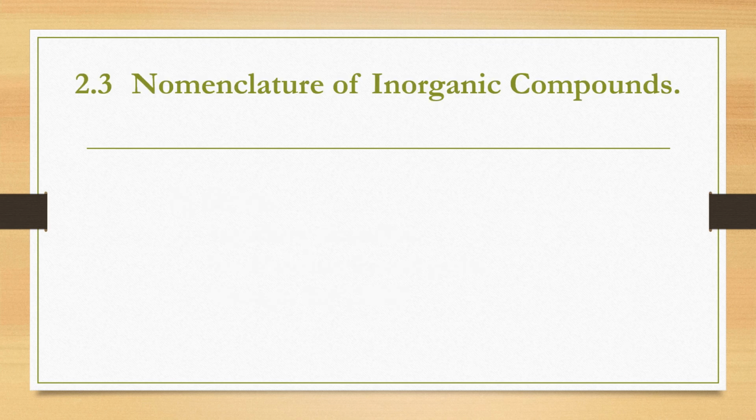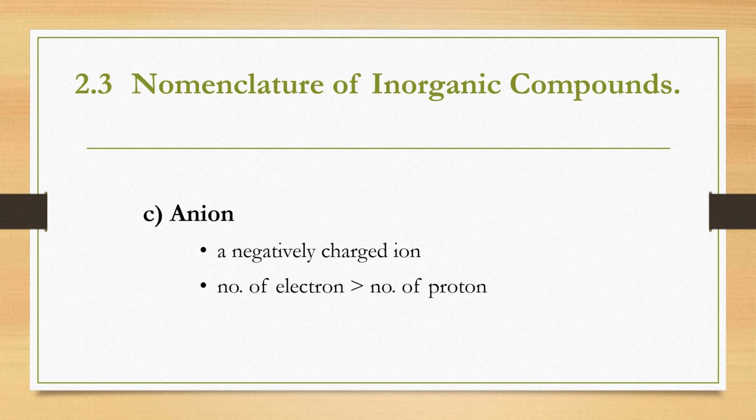What is an anion? An anion is a negatively charged ion. It consists of more electrons than protons. Examples are Cl- and OH-. Cl- is known as chloride ion.